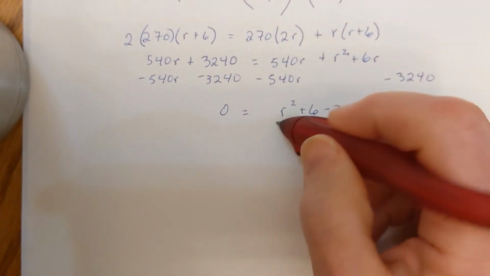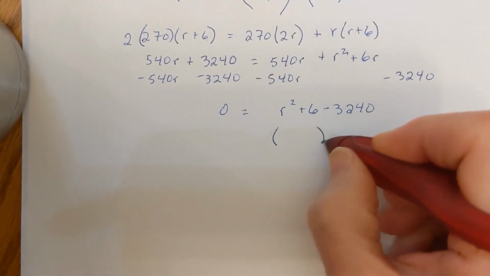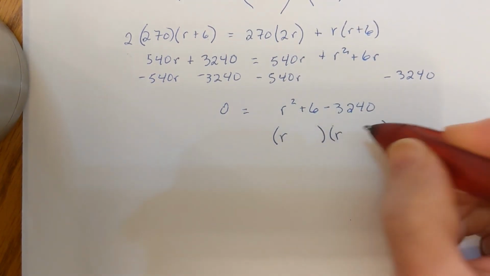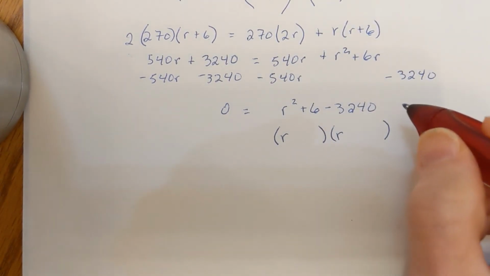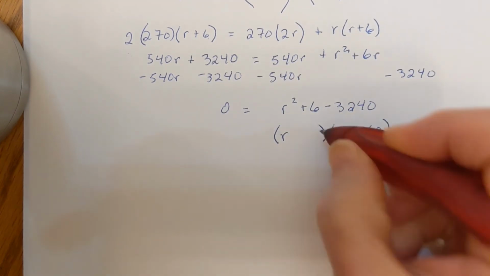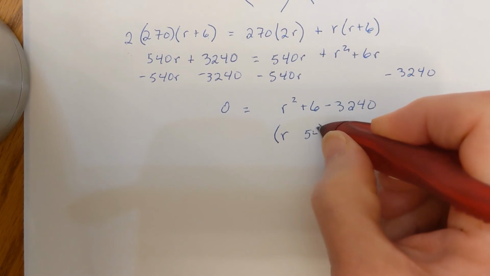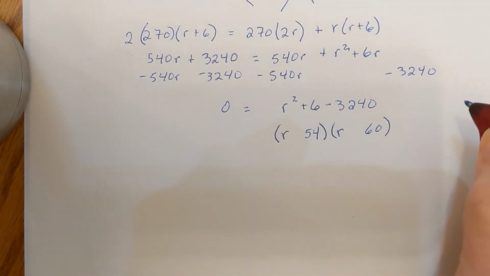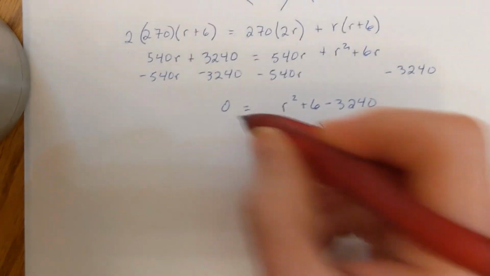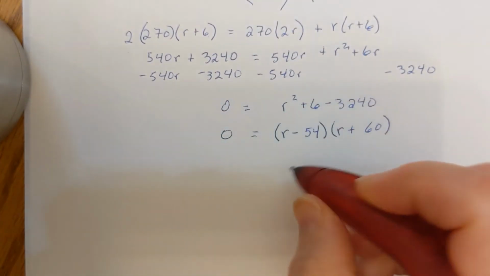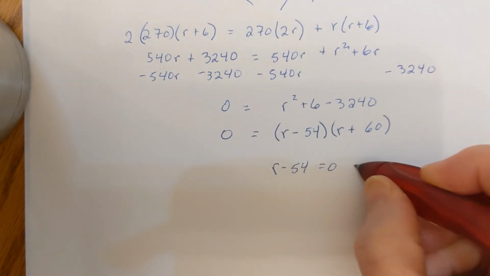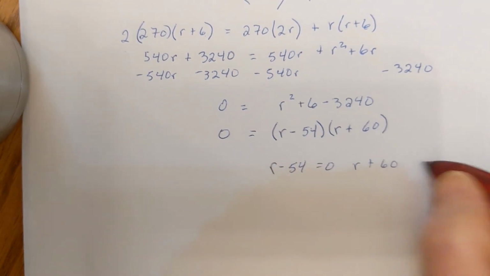This actually does factor. It took me a while to find it. R and R. It is going to be 60 and 54. And I need plus 60 minus 54. So R minus 54 equals 0, or R plus 60 equals 0.